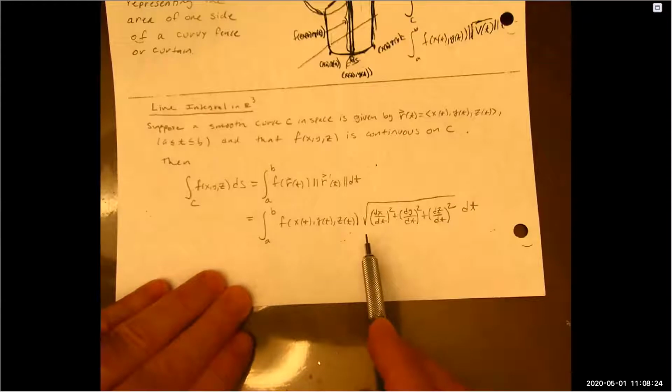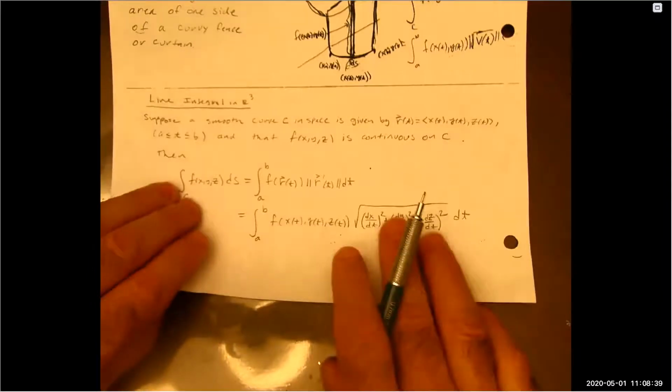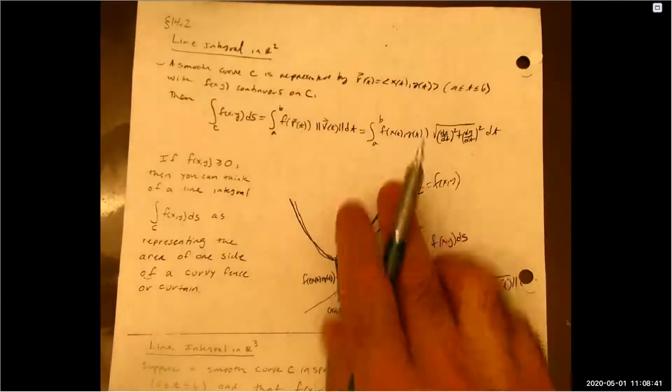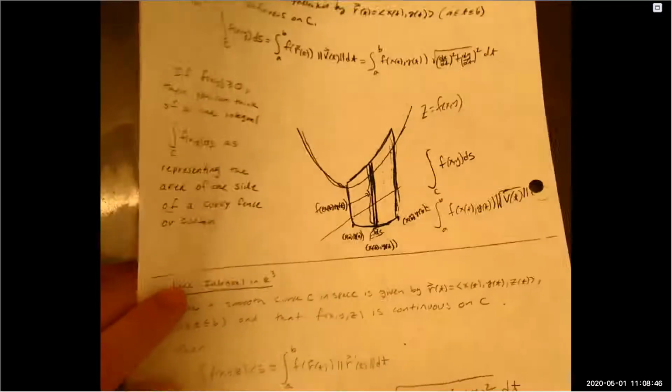And then the speed is going to be the root of dx dt squared plus dy dt squared plus dz dt squared. And then all of that is times dt. And so this is the definition for a basic line integral, either in the plane or in space. And we're going to look at examples of both today.